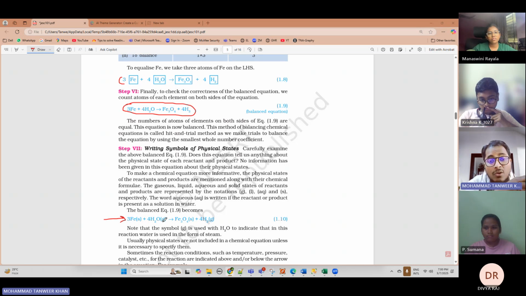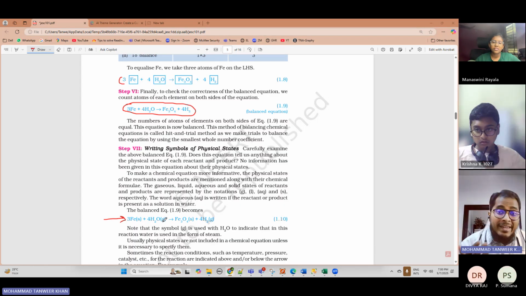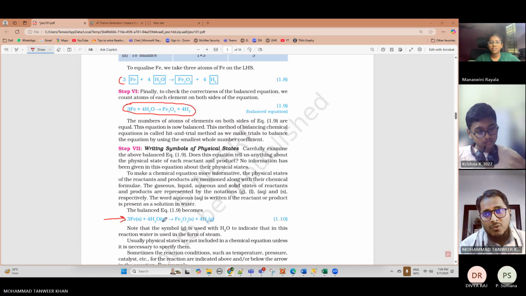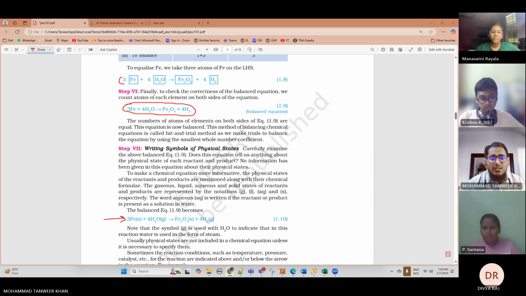We are talking about water vapor. Have you seen water vapor, everyone? When you boil water, after some time you will see some vapors. That's the example of H2O in gaseous form. When you boil above 100 degrees Celsius, you will get water in gaseous form.